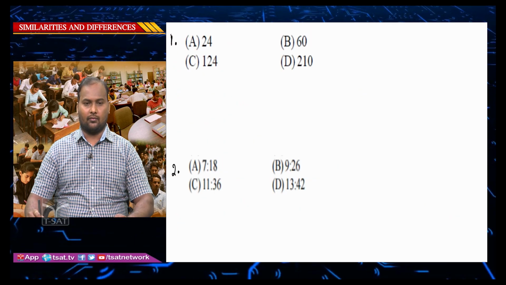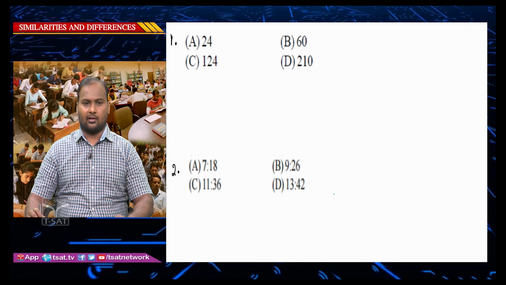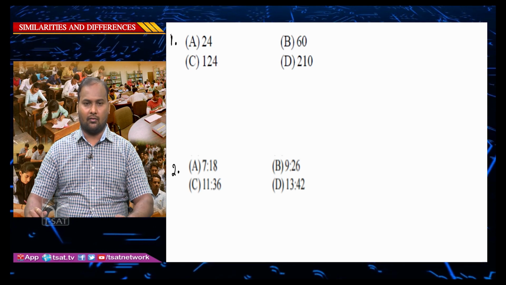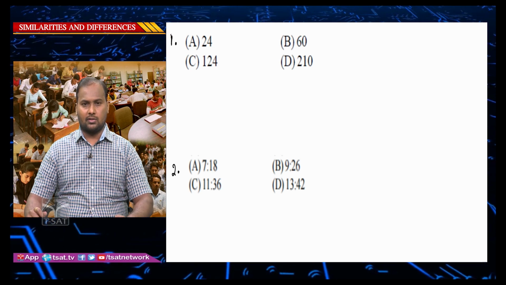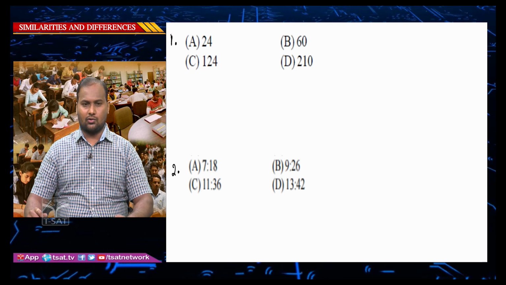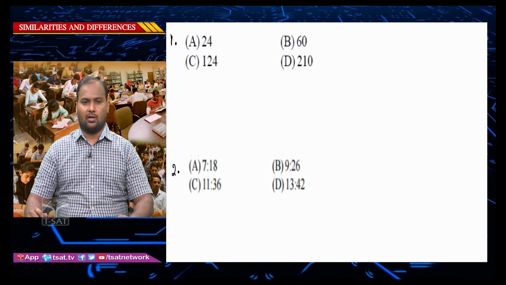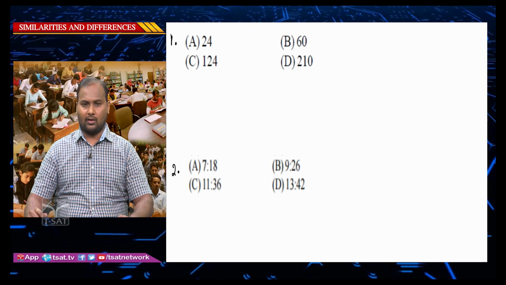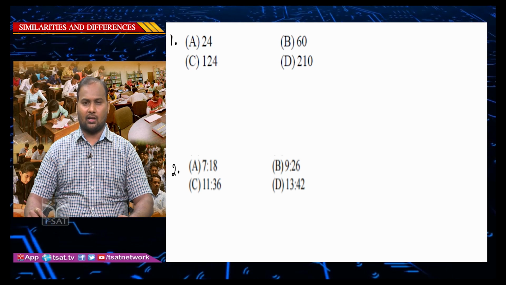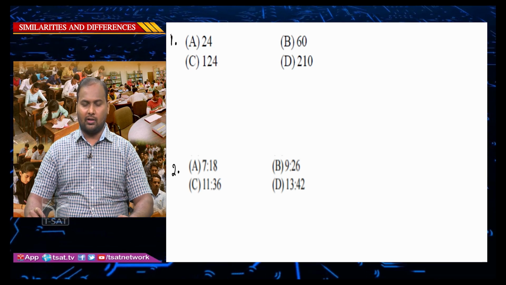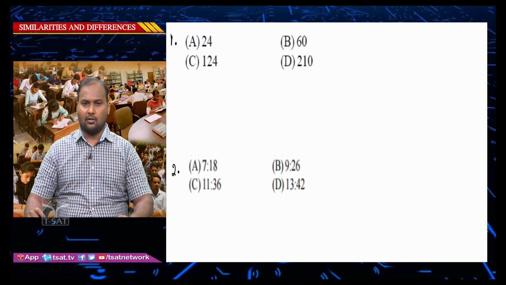For example, if you see this question, the question is like 24, 60, 124 and 210. The moment you see this question, the student should recognize the range of the numbers. For example, if you see 24, 60, 124, 210, the numbers are in the range of cubes directly. So immediately the logic that you need to apply is cubes.